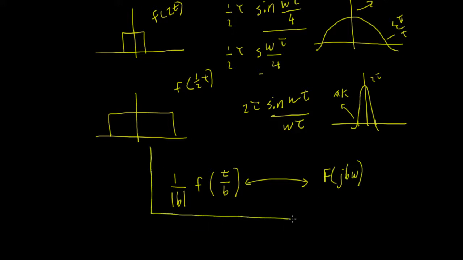So just to be clear on this, what you have is a function of j omega, and it's been scaled by a factor of b, okay. So in the time domain the amplitude decreases by modulus of b, and the time is changed by a factor of 1 upon b as well, okay.